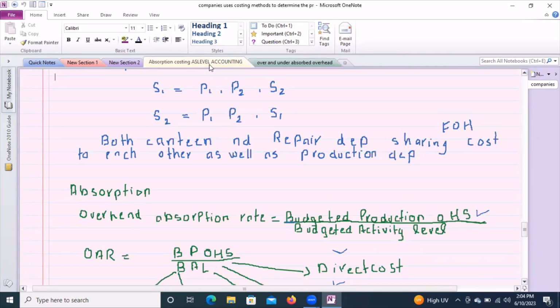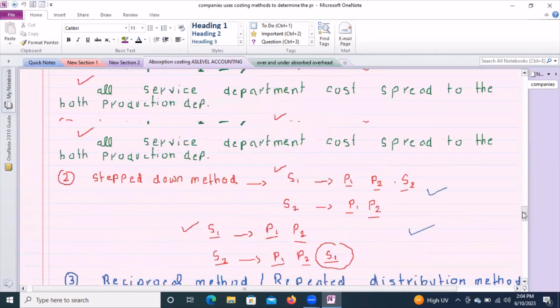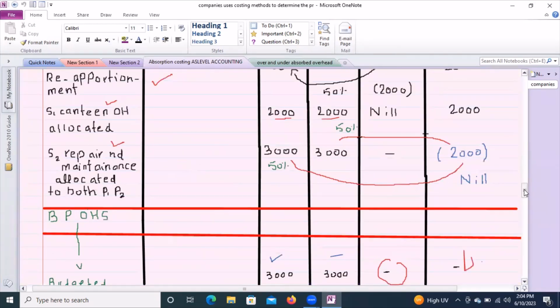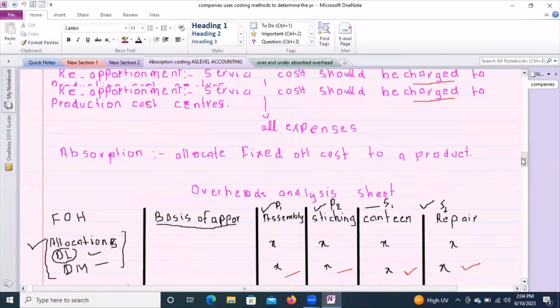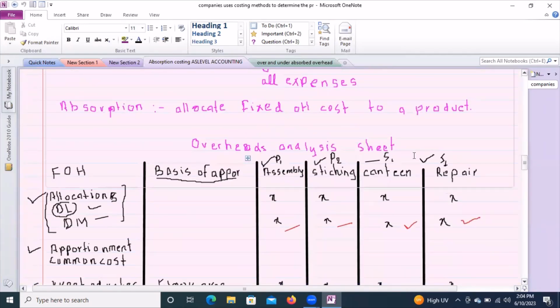And we learned how to make this sheet. Maybe you are aware, maybe you know this if you watched my previous video. So we were talking about the overheads analysis sheet. Basically, in this sheet, we know how to calculate the 4 steps of absorption costing.